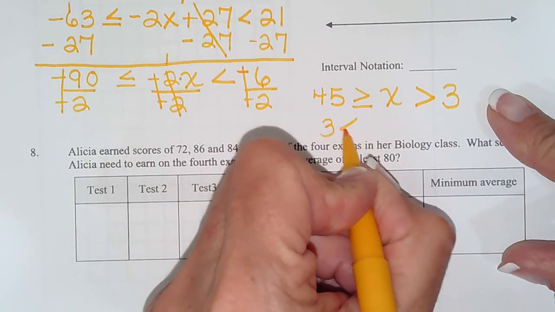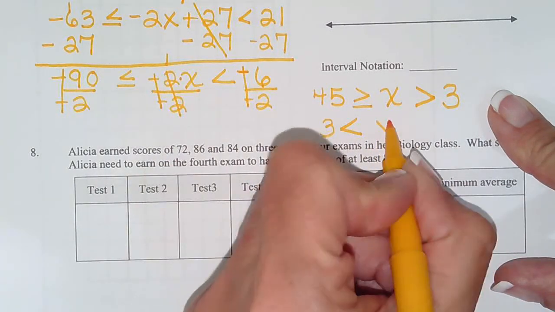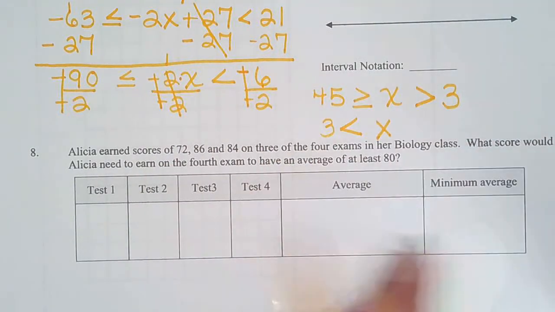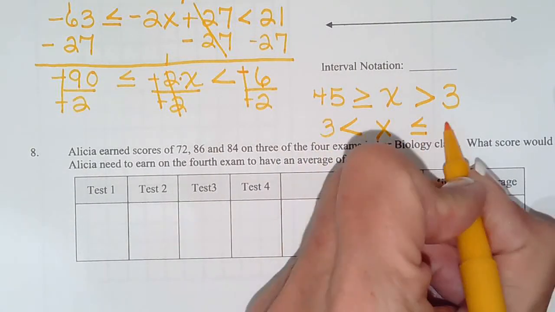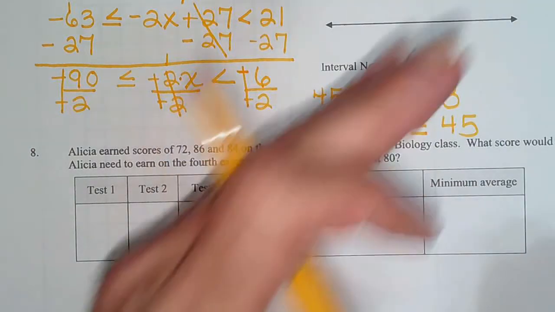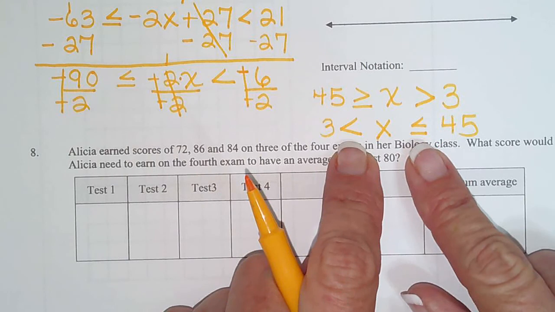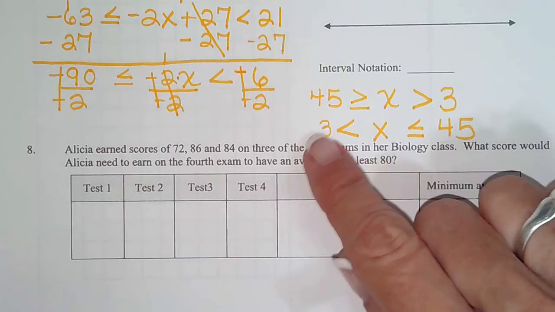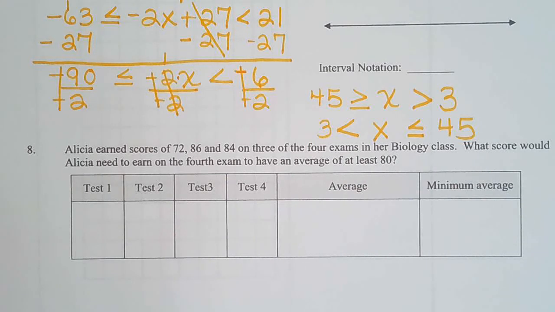So when you flip it over, it should still be pointing to the 3. Your x stays in the center when you flip it, and then it's pointing to the x, and then 45. And this one's eating the 45. And remember how I said they should end up going the same direction? And if you have it from smallest to largest, they should both be less than signs, which they are.